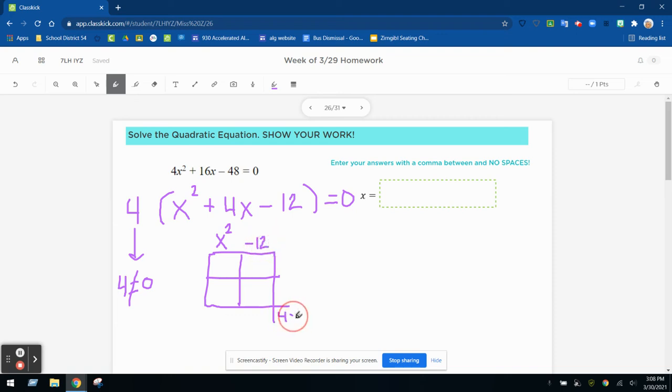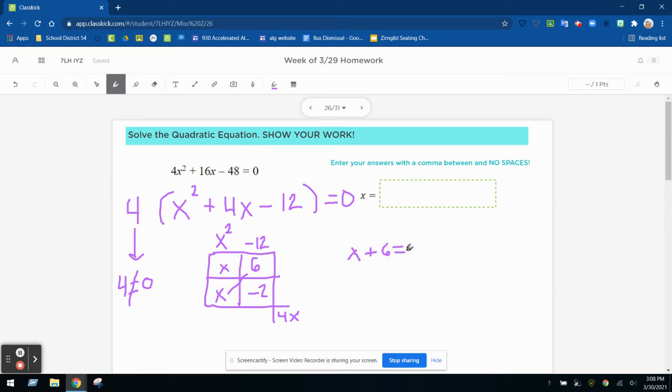So I'm going to set up my factor box. So I got negative 12. I know that 6 minus 2 will equal 4. And 6 times negative 2 does equal negative 12. I'm sorry. So I'm going to start with my first factor, x plus 6.